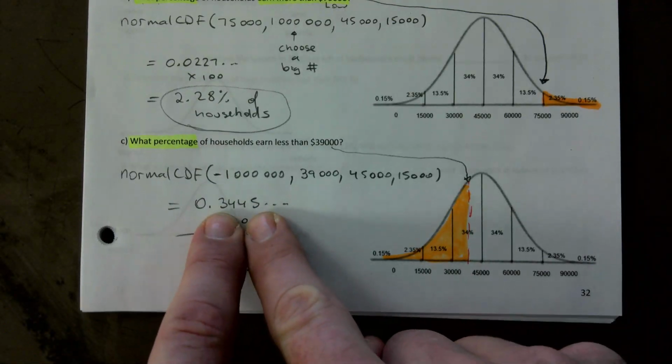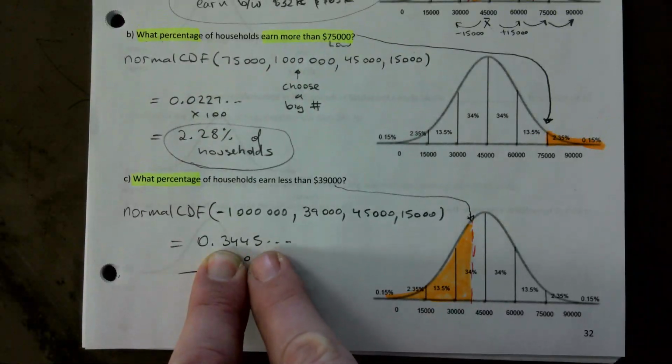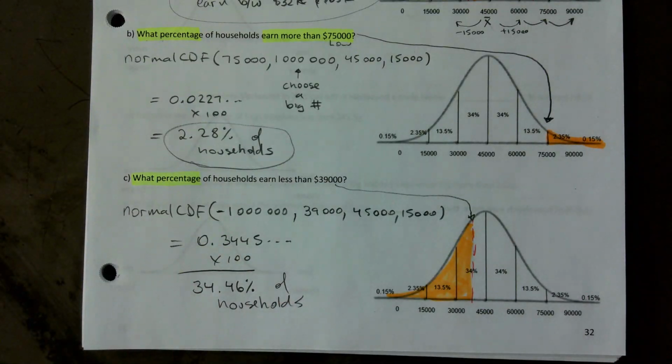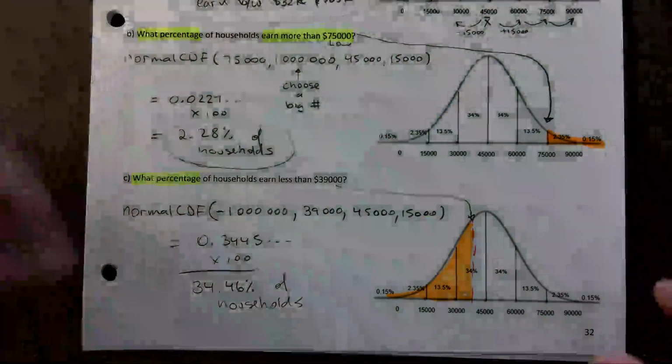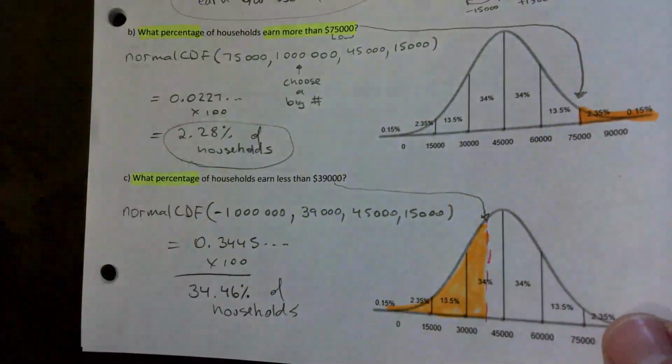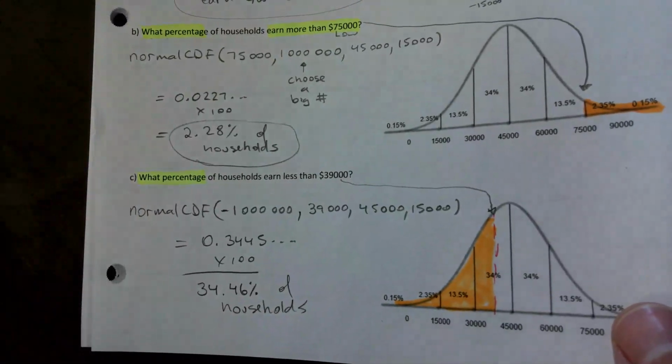I would take my decimal and multiply it by 600,000 to know the actual number of households we're talking about. So just so you know, this can be expanded. Nothing changes from what we've done before in terms of finding the percentages. It's just that we're using calculators to do that.